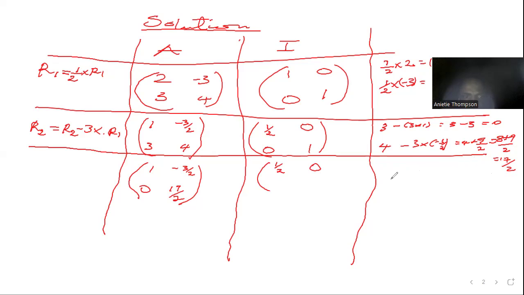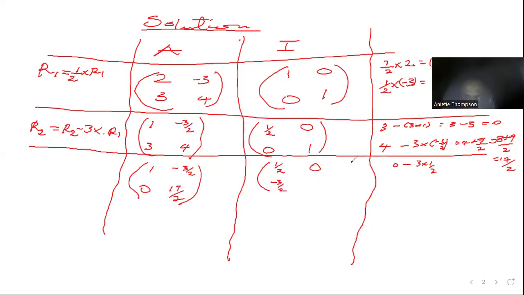Here will become, this is row 2, here is 0 minus 3 times 1 over 2, or 3 times 1 over 2. So that would be minus 3 over 2. So we have minus 3 over 2, minus 3 over 2.